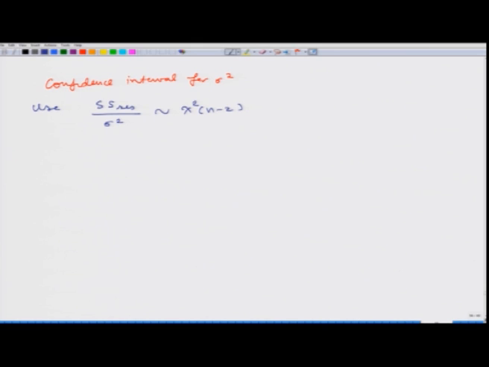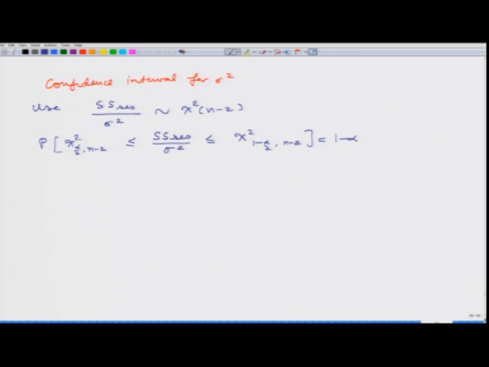So, using this result, I can find out the confidence interval in the following way, that SS res divided by sigma square is going to lie between the chi-square alpha by 2 point with n minus 2 degrees of freedom and the chi-square point at 1 minus alpha by 2 with n minus 2 degrees of freedom, and the probability of such an event is 1 minus alpha.